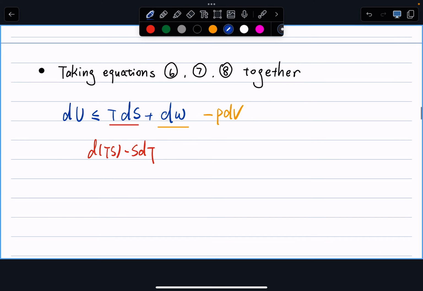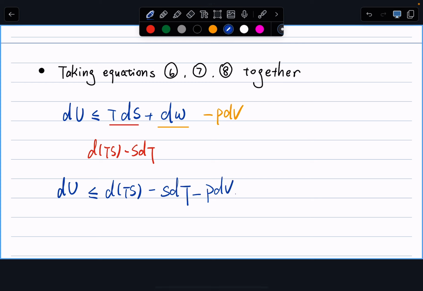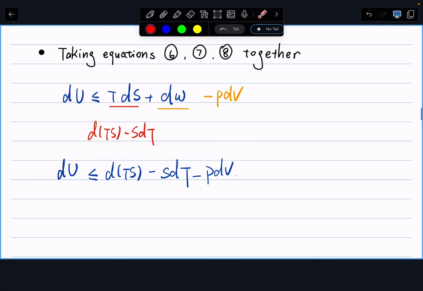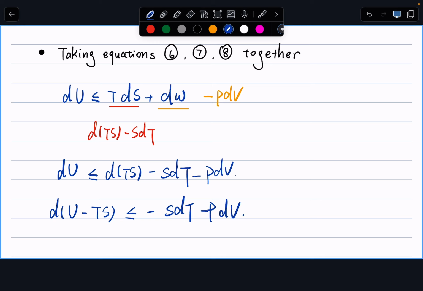So plugging these in, we get dU smaller than d(TS) minus SdT minus PdV. So far, so good. And then I can move this one to the left-hand side, or subtract d(TS) on both sides of the formula, to get d(U minus TS) smaller than or equal to negative SdT minus PdV.